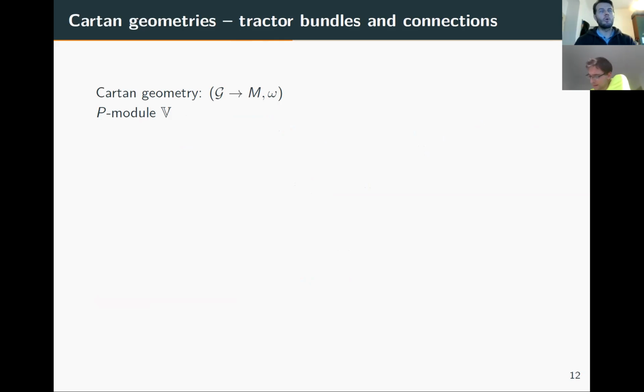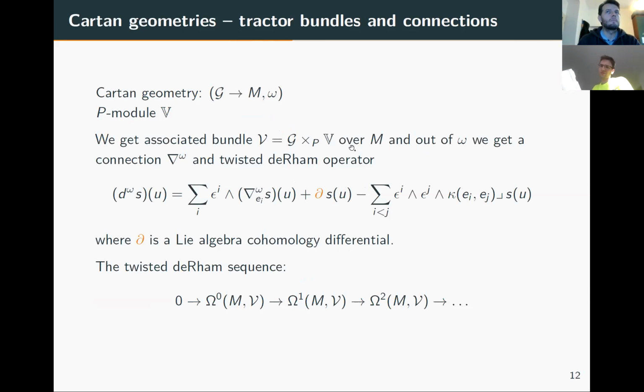So going back to the global picture, once you have this Cartan geometry and some module for the group acting on this principal bundle, you can form an associated bundle, and this Cartan connection omega defines in a natural way an affine connection on this associated bundle. And once you have a connection on a vector bundle, you can extend it to the so-called twisted de Rham operator.